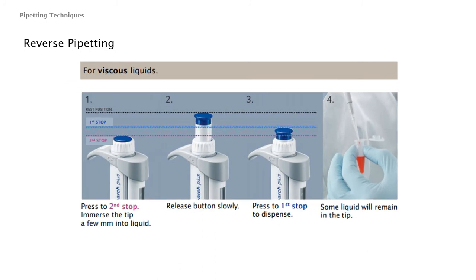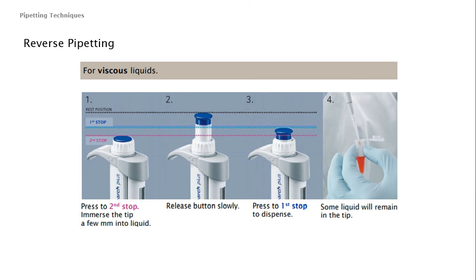Unlike forward pipetting, reverse pipetting is recommended for viscous liquid, so liquid which is very hard to flow. The procedure is almost the same, but before you aspirate, you need to press until the full press, the second step. Push it fully, then dip the pipette tip in the solution, then release the button slowly.